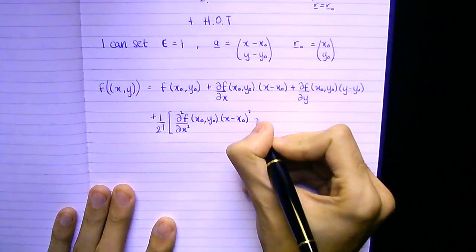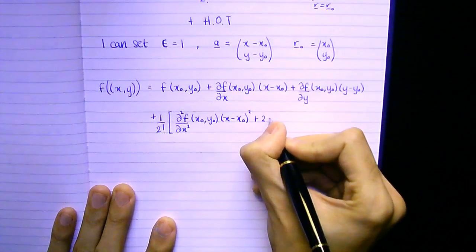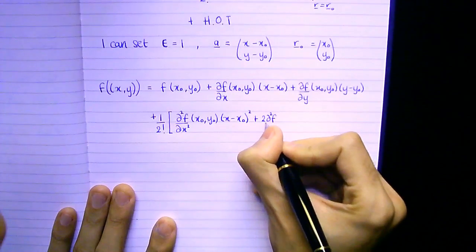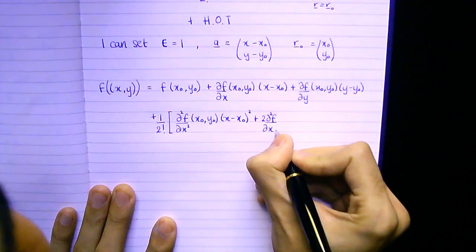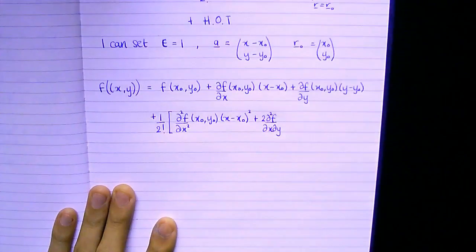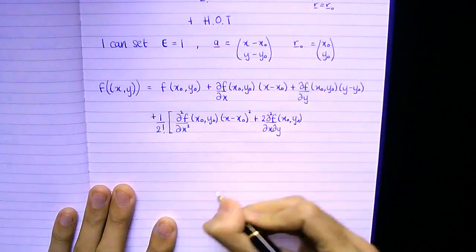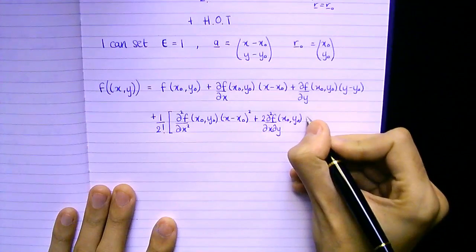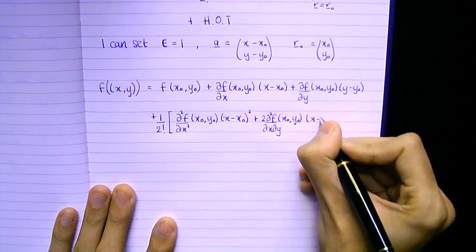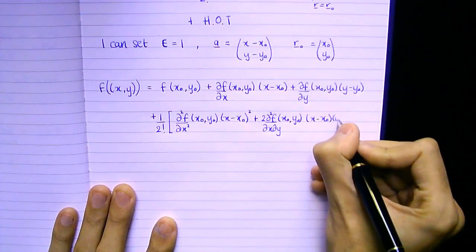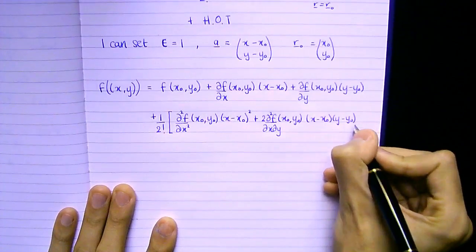Then I have plus 2 times the second derivative of f with respect to x and y evaluated at a particular point, x0, y0, and this is multiplied by (x minus x0)(y minus y0).